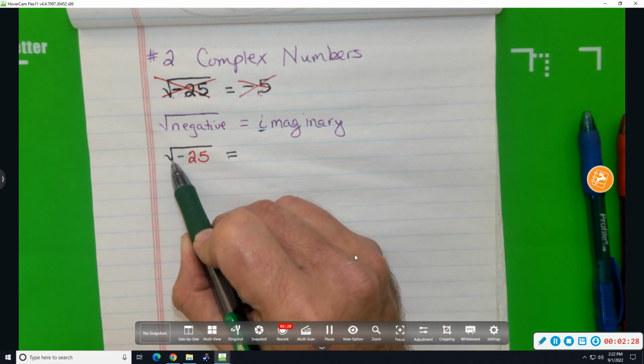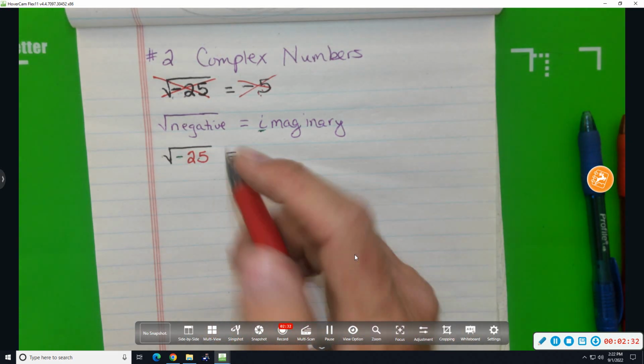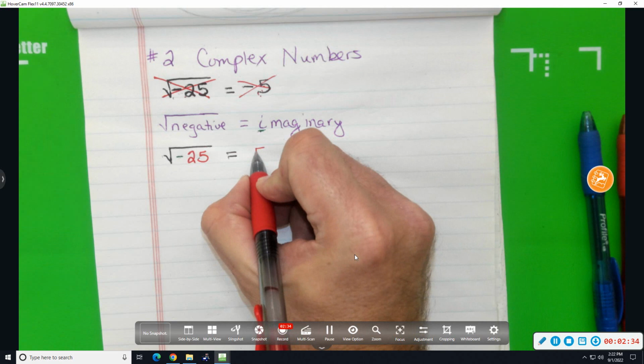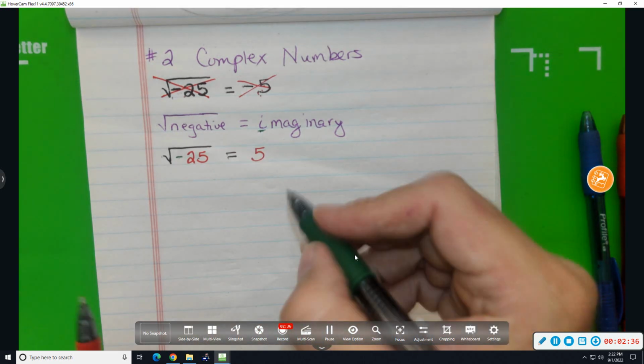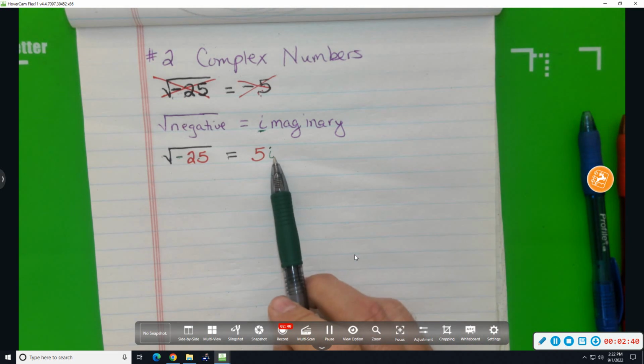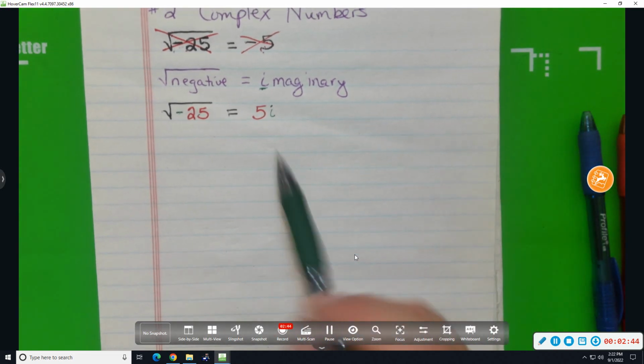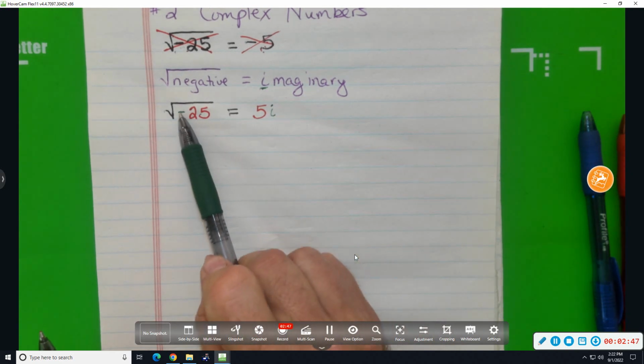Then you just simplify the rest. The square root of 25, y'all know the square root of 25, what's that? 5, just stick an i on it. If you're following the colors, I'm writing my i in green. I guess it's hard to tell that's green because of that green negative under a square root.